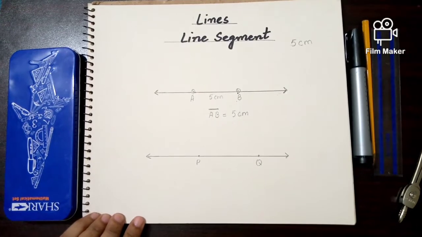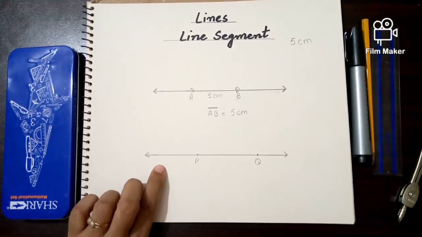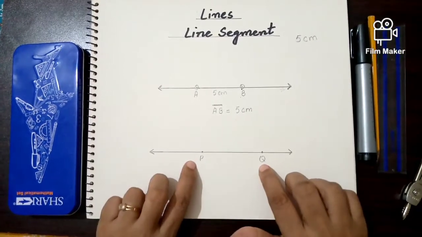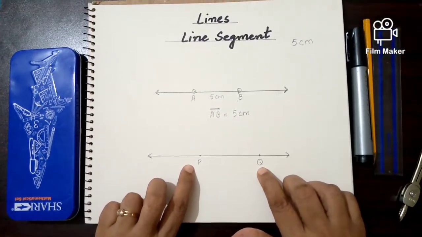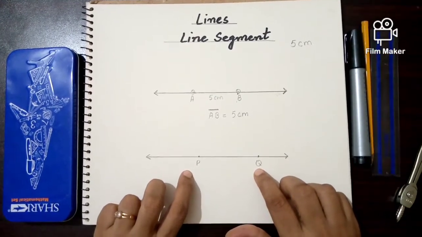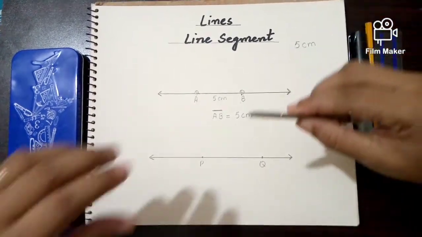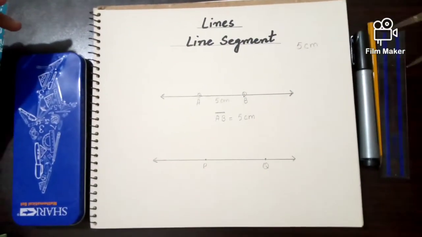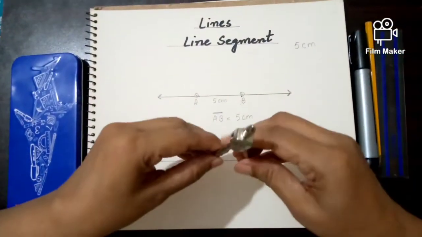Now let's measure the line segment. Now we will learn how to measure the line segment. You can see I have drawn a line and marked a line segment, but we don't know the length of this line segment. Now we will measure the line segment with the help of this divider and the ruler.